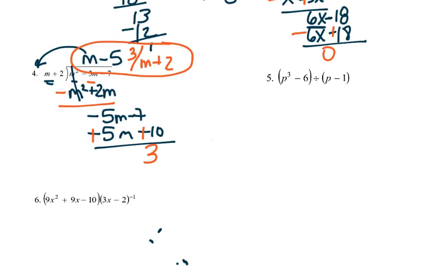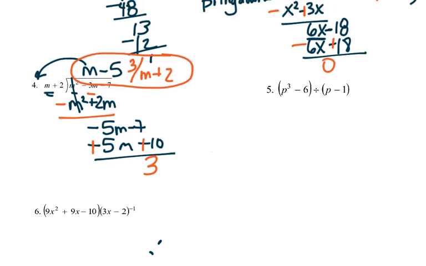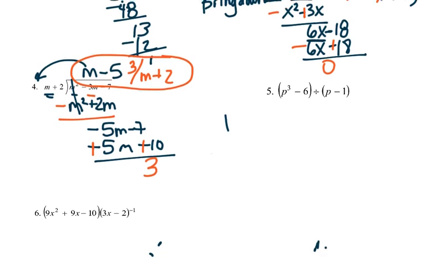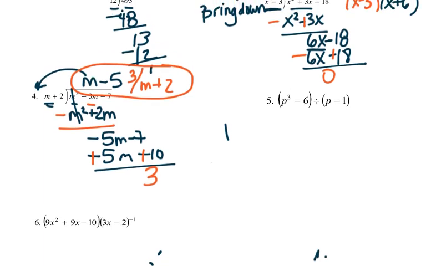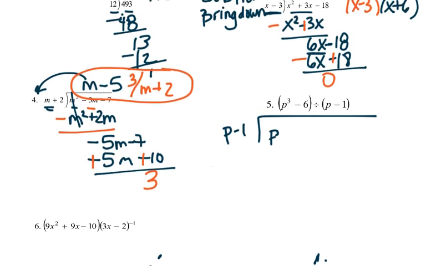Number 5 is a little bit different. It's written different, so I'm going to rewrite it. P minus 1 divides into p cubed, and then I'm going to write some placeholders here. P cubed plus 0p squared plus 0p minus 6.